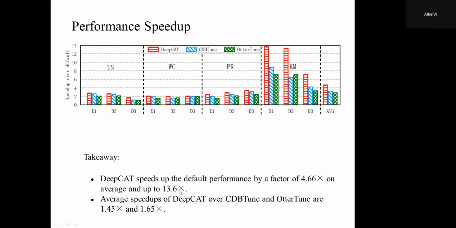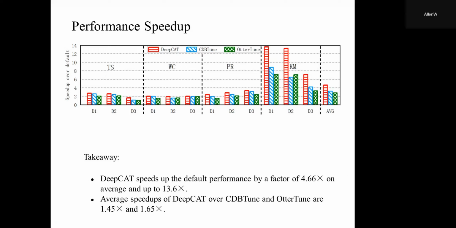We evaluate the performance speedup of DeepCAT. The figure shows the speedup over default in 4 workloads with 3 different data sizes. DeepCAT performs best, and the average speedup over CDBTune and Ottertune is 1.45 times to 1.65 times.